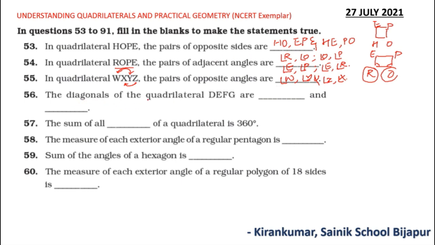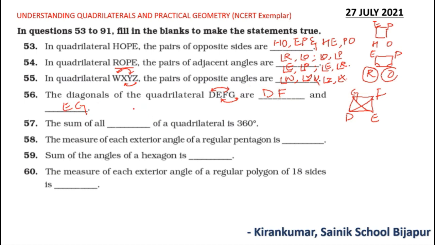The diagonals of a quadrilateral DEFG are? So we need to mention the name of the quadrilateral as DEFG. DF is one of the diagonals, EG is the other diagonal.